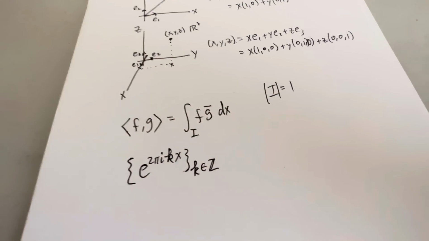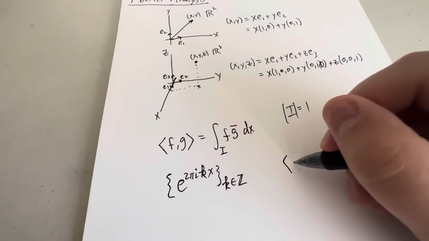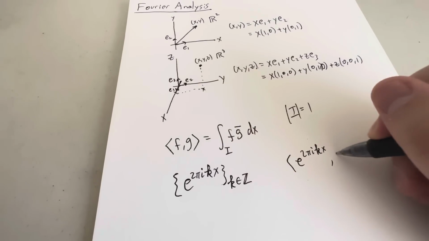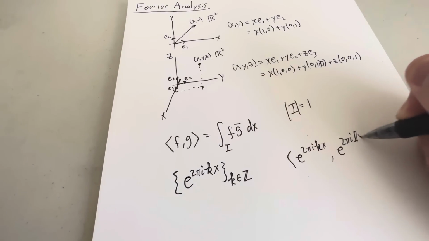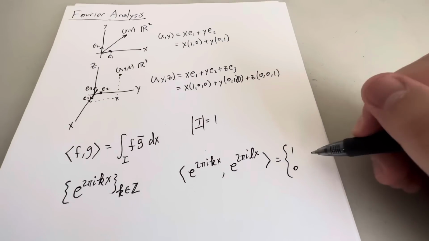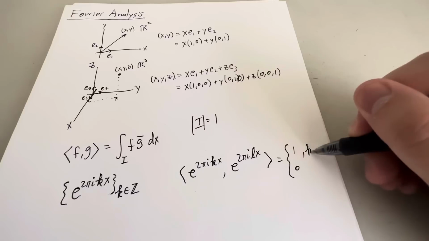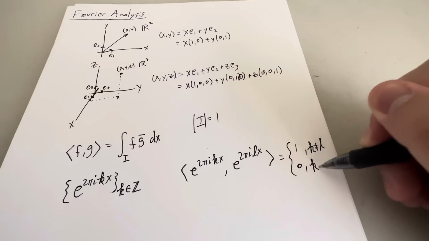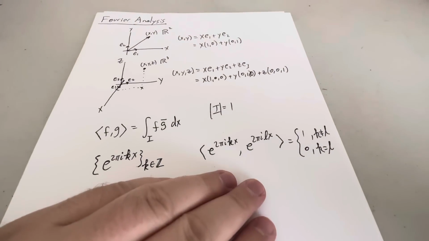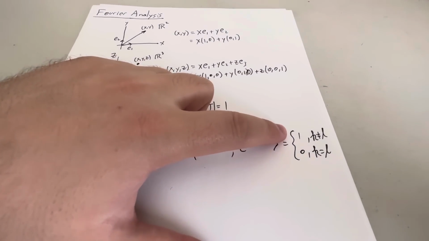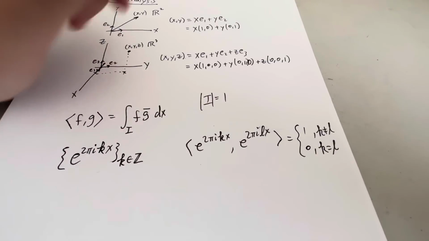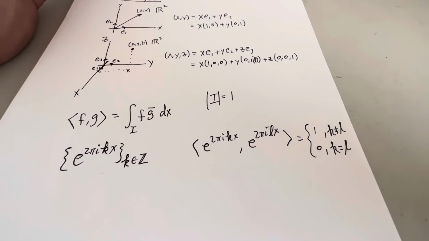Which means that if I take the scalar product of e to the 2 pi i k x with e to the 2 pi i l x, we'll get 0 if k is not equal to l, and 1 if k is equal to l.